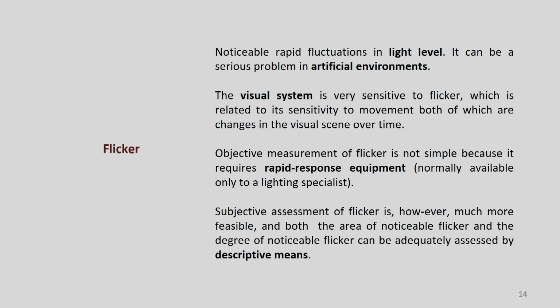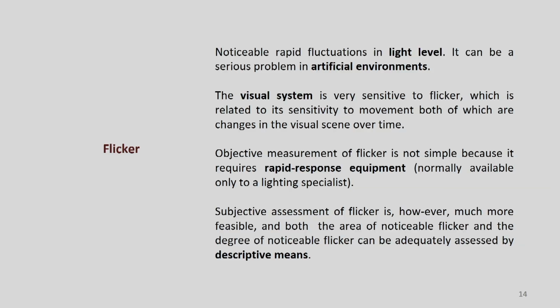Objective measurement of flicker is not simple because it requires rapid response equipment. I can see a flickering in the particular source, but how do I respond to it? Because that needs a lot of alertness of the human body, and also a very high level of instrumentation.